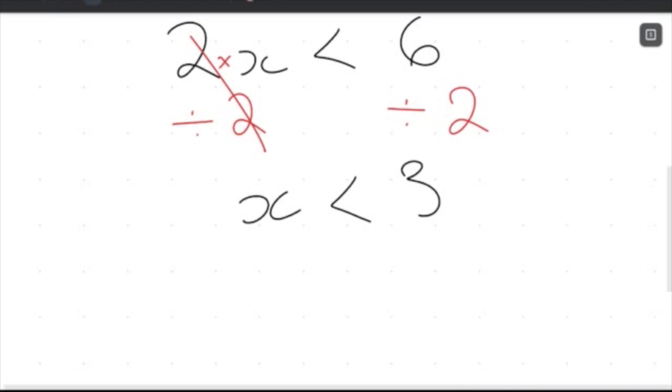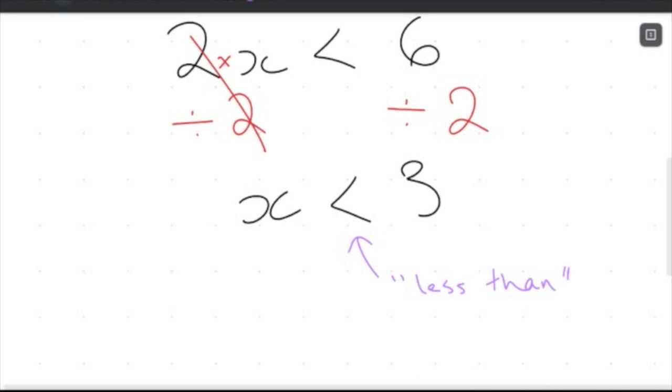Now, what does this actually mean? Well, this particular symbol here, to refresh your memory, let's do that again, means less than. So this doesn't mean that x equals 3.